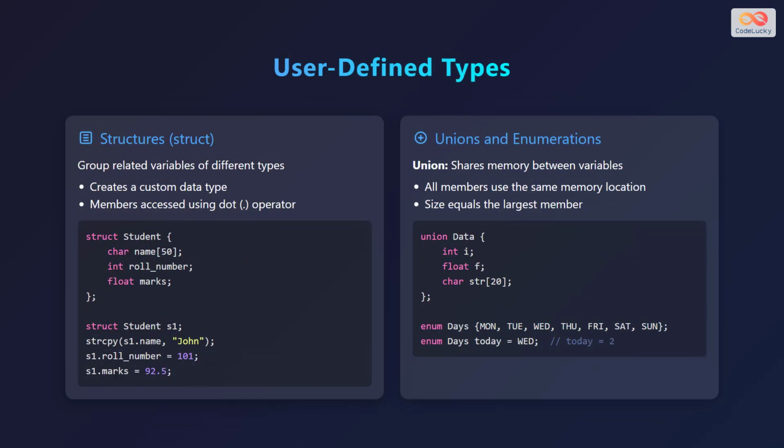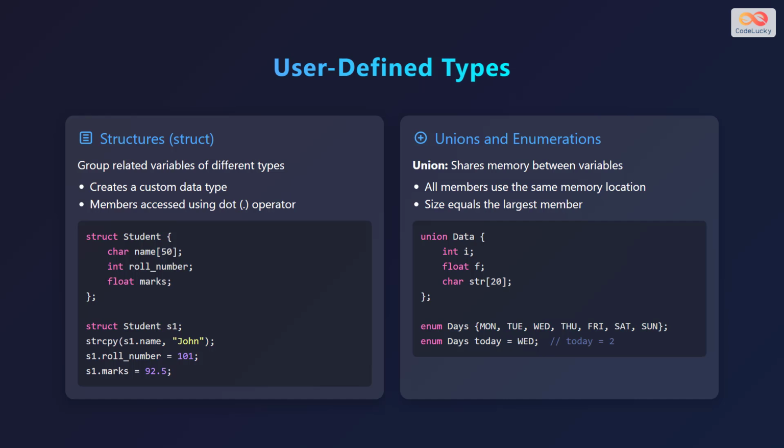Now let's explore user-defined types, which allow you to create your own custom data structures. Structures declared using the struct keyword group related variables of different types together, creating a custom data type. Members of a structure are accessed using the dot operator.